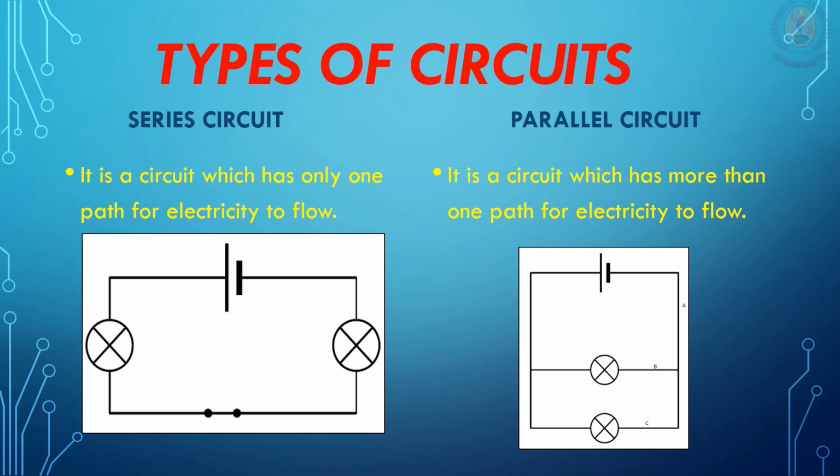A closed circuit is a circuit with a complete path. Then we have learned what a series circuit and a parallel circuit are. A series circuit is a circuit which has only one path for electricity to flow. In a parallel circuit, there is more than one path for electricity to flow. I hope all of you can understand what the types of circuits are.